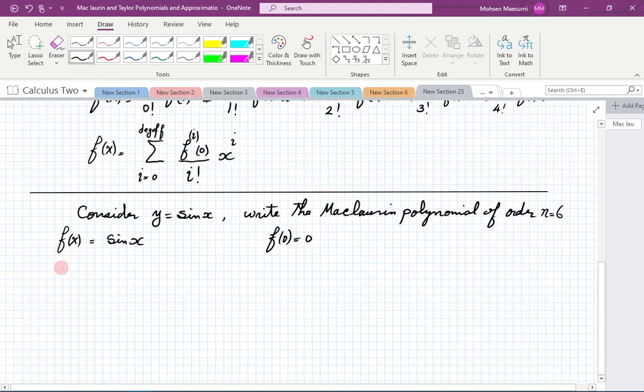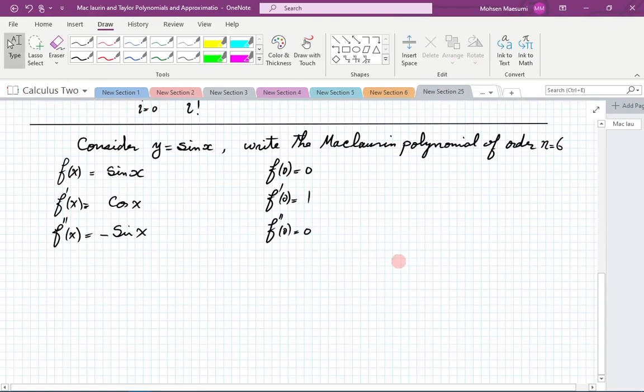So I'm going to take the derivative of this thing. The derivative of sine is of course cosine. Cosine at 0 is 1. Next derivative. Well, what's the derivative of cosine? So we need to know how to differentiate very quickly and accurately. So there's going to be minus sine of x, and sine at 0 is 0.